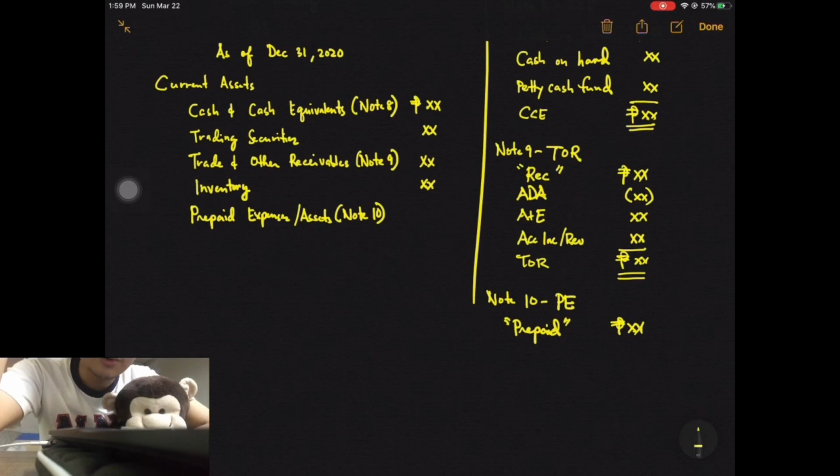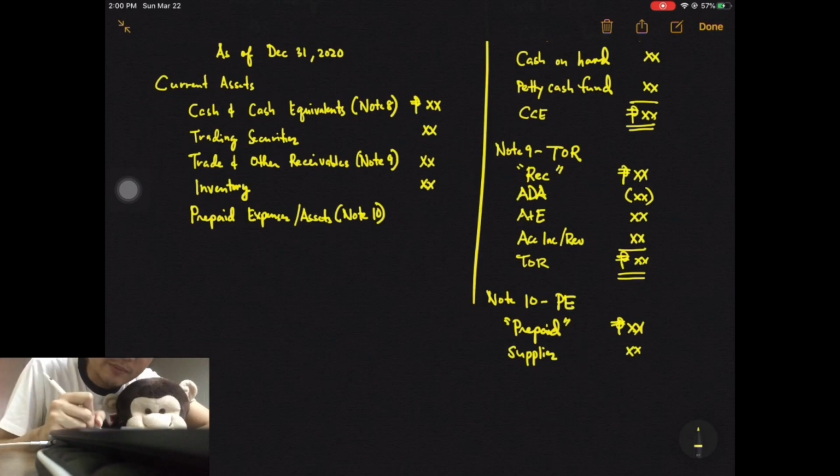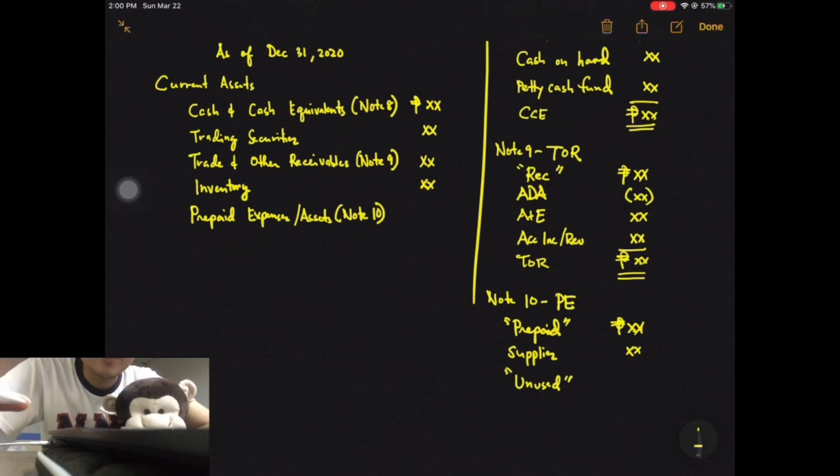And then also include supplies. Sometimes in problems, you will also be seeing account titles with unused. Although this is very rare, sometimes they are using account titles with unused. Like unused supplies, unused insurance, unused subscription.